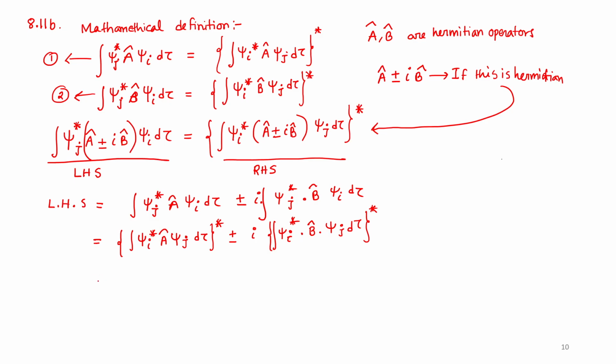Now what I am going to do is insert this i inside the complex conjugate. Then what am I going to get? Minus 1. What I am trying to say is psi i star, and I will just write this part as it is.